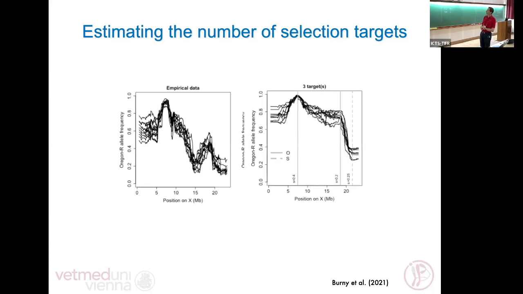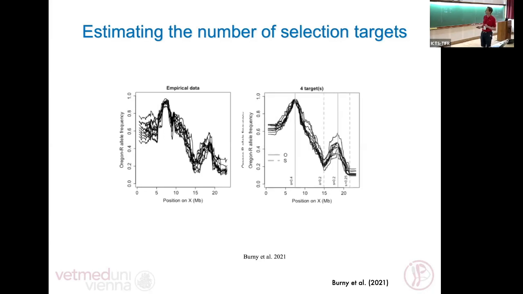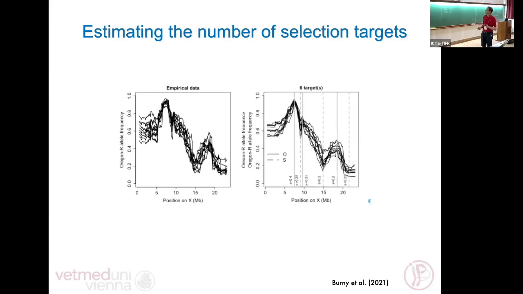So we put 3 targets there, and we still see it's not matching. So we put another target there. It gets closer, but there is still something here. Then we put 2 more targets. And now with 6 targets, it starts looking kind of similar to what we have in the empirical data.